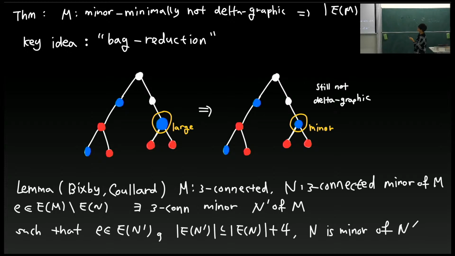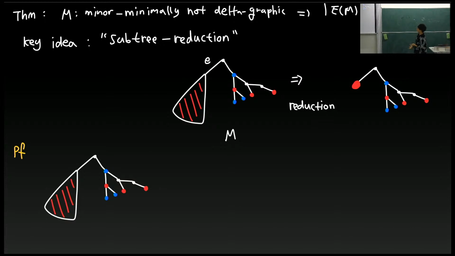And the second idea is subtree reduction. Suppose that there is an edge E, and the component as a result of deleting E corresponds to a graphic matroid and a cographic matroid. Then we can say that it originally should be a single vertex. Suppose not.